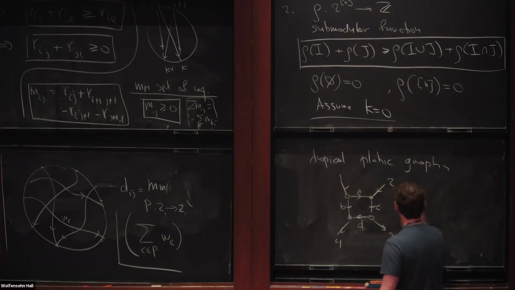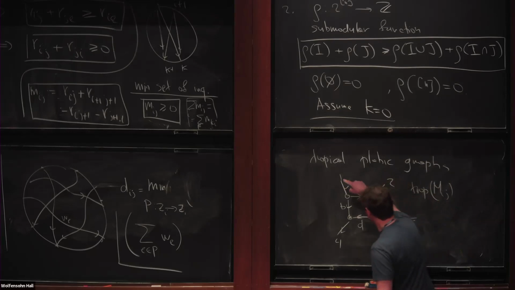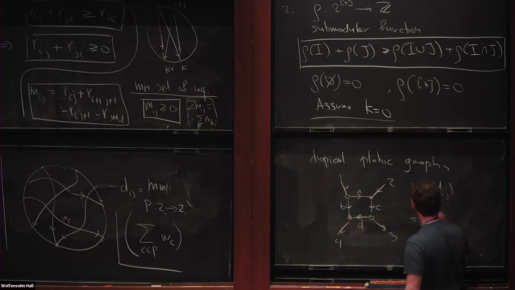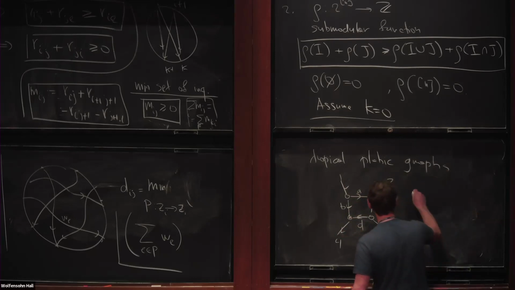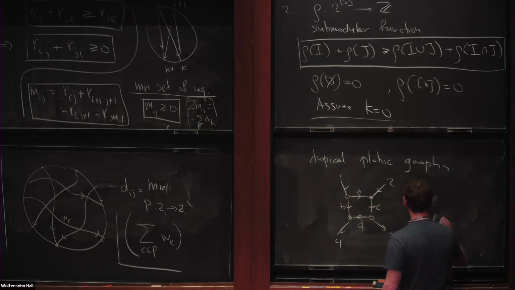Then the tropical boundary measurement Mij is just what? There are two ways to go from 1 to 4. Let me write the distance from 1 to 4. That's the tropical measurement: d14 equals the minimum of two things. The minimum of B, and also you can go A, C, D, which is A plus C plus D.